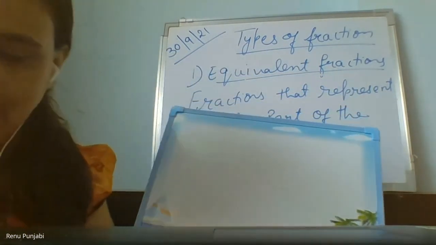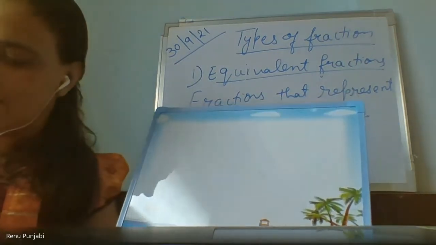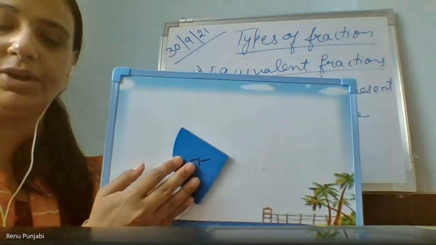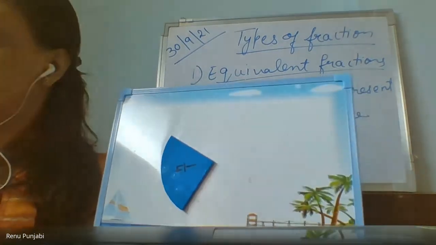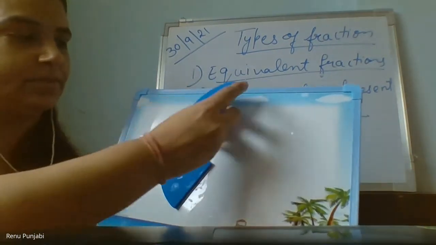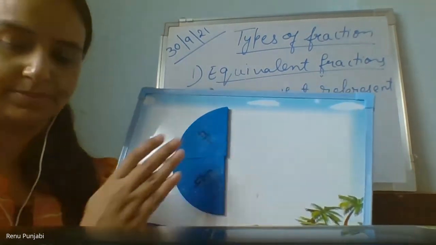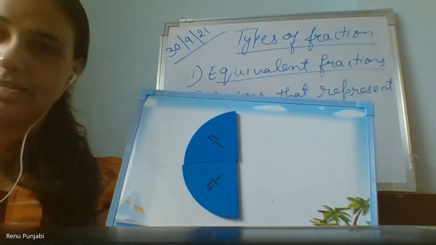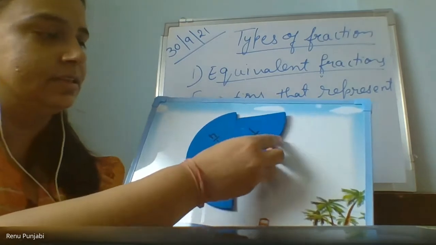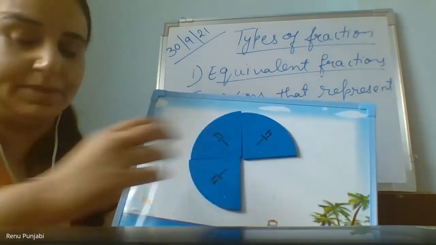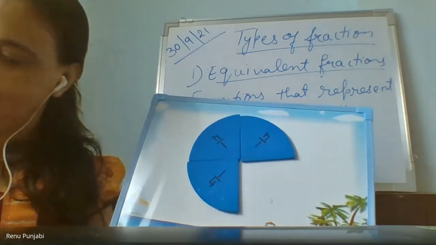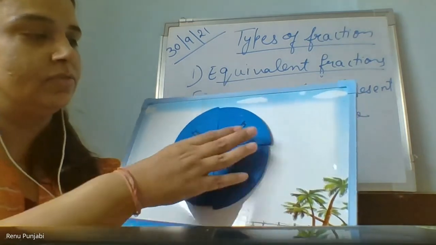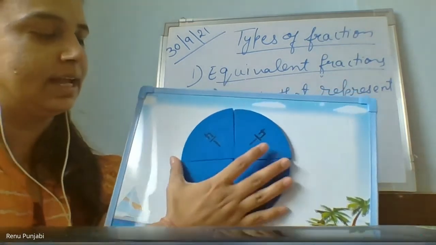Now another pizza I have. That pizza I divided into 4 equal parts. You can see here. That was another pizza which I divided into 4 equal parts.